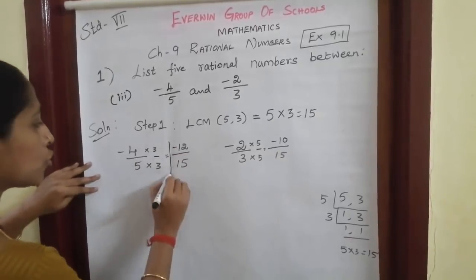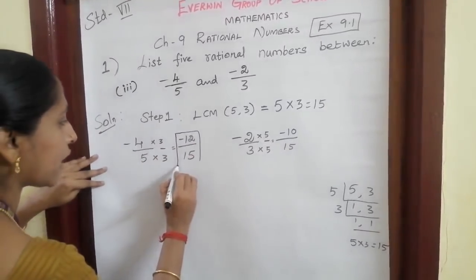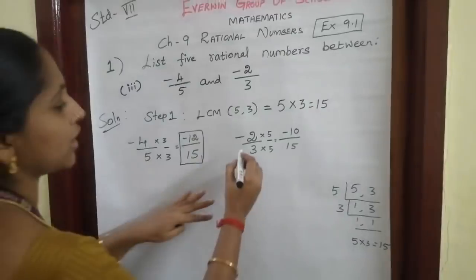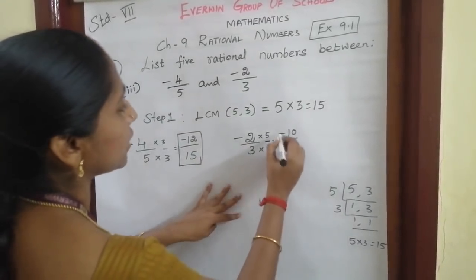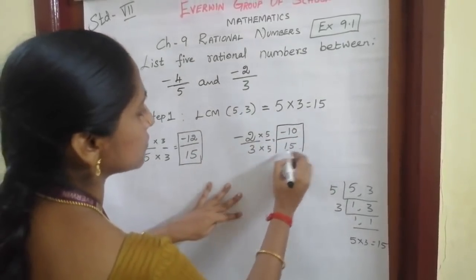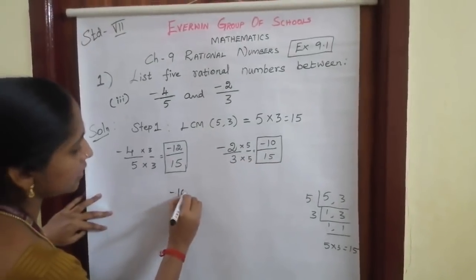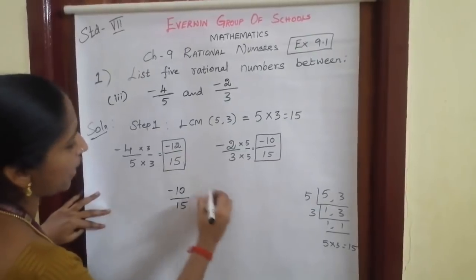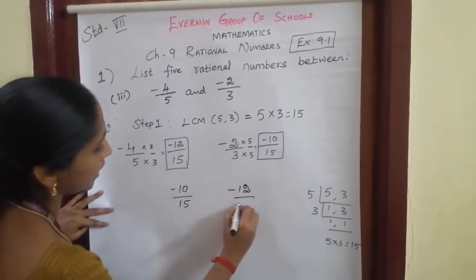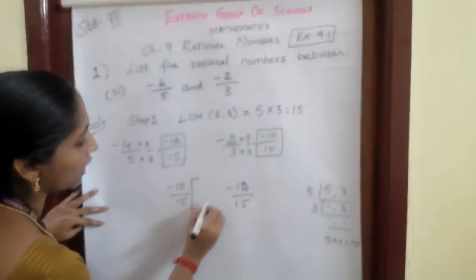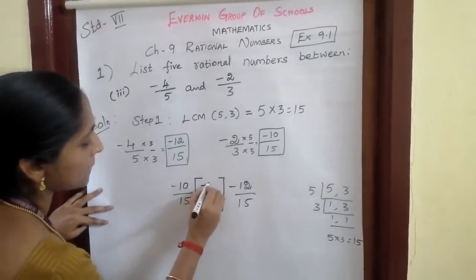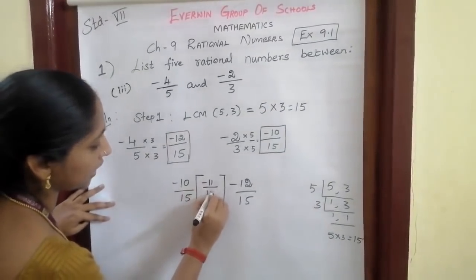Now, minus 4 by 5 becomes minus 12 by 15. Minus 2 by 3 becomes minus 10 by 15. Between minus 10 by 15 and minus 12 by 15, only one number is there, minus 11 by 15.